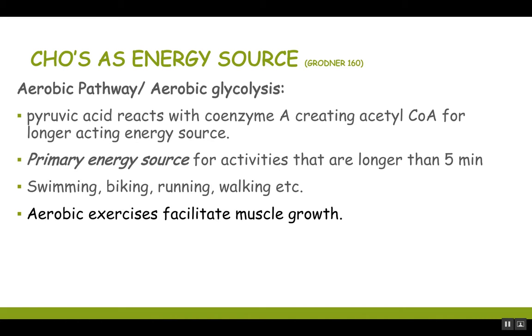It's a primary energy source for activities that are longer than 5 minutes. So to differentiate them, shorter than 5 minutes is your anaerobic, longer than 5 minutes is your aerobic. Things that are longer, like going for long walks, a long run, biking, swimming. Aerobic activities are really good because they facilitate muscle growth.